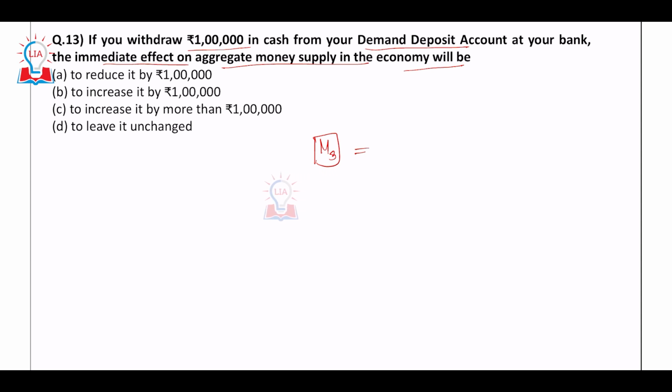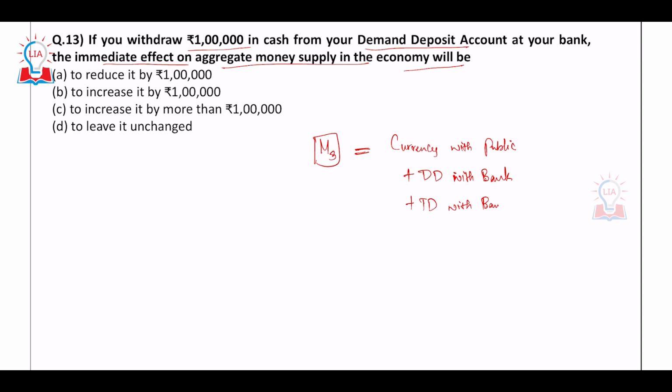So M3 would be equal to currency with the public, plus the demand deposits with banks, plus time deposits with banks.